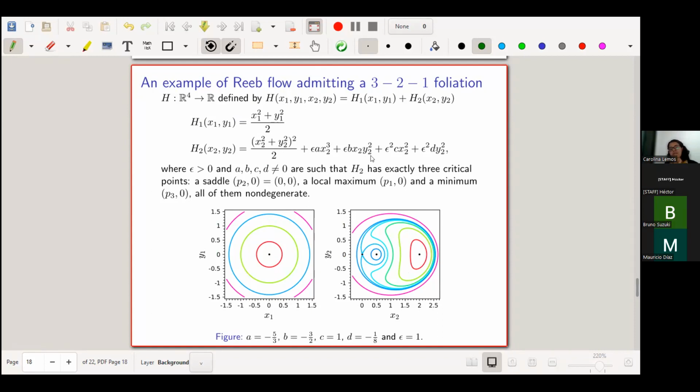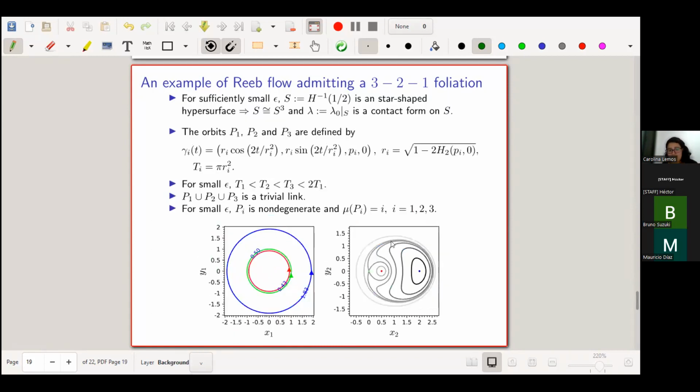And basically, for appropriate parameters here, this function has exactly 3 critical points. This guy is a minimum, this guy is a maximum, this guy is a minimum, and this guy is a saddle point. So yeah, basically that's it.